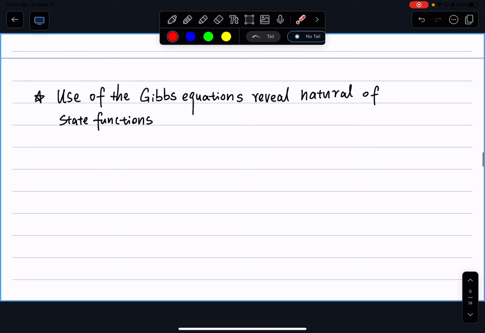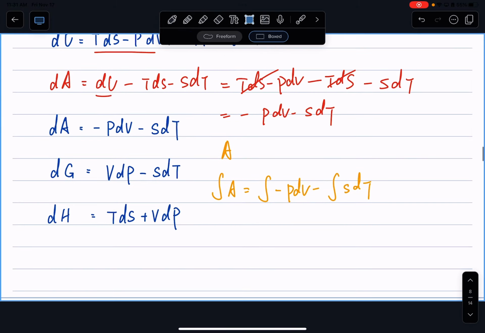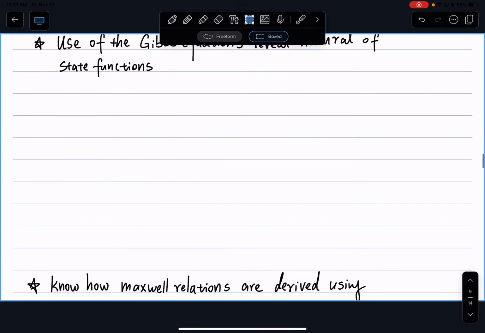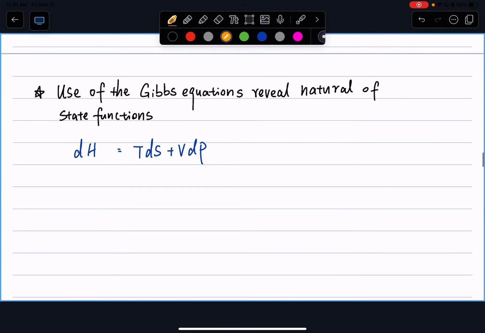With that, we have an example of using the Gibbs equation to review the nature of our state functions. So what do I mean? Let's take this one as an example. That's the expression we get from thermodynamics by using the definition of these state functions. We know that our enthalpy is a function of entropy and pressure, so you can also write dH using the total differential in entropy and pressure.